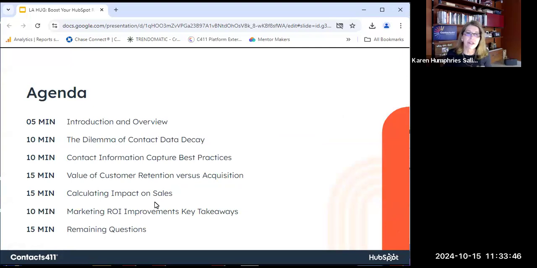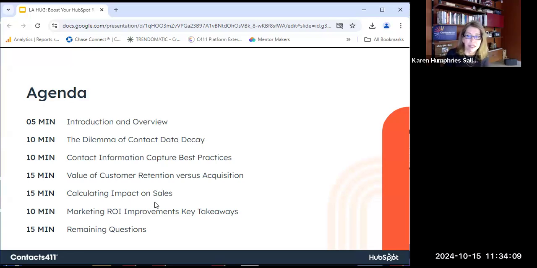A little bit of an introduction about why what we're talking about is so important. What is contact decay? What does it mean, and what does that look like? What are some information capture best practices that can help you mitigate that? Then how does that impact the value of retention, and the value of acquisition?